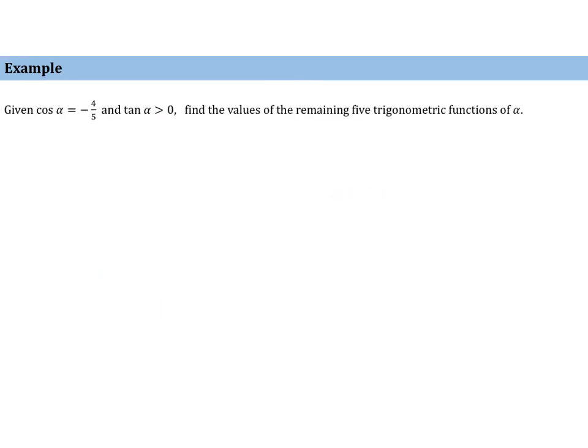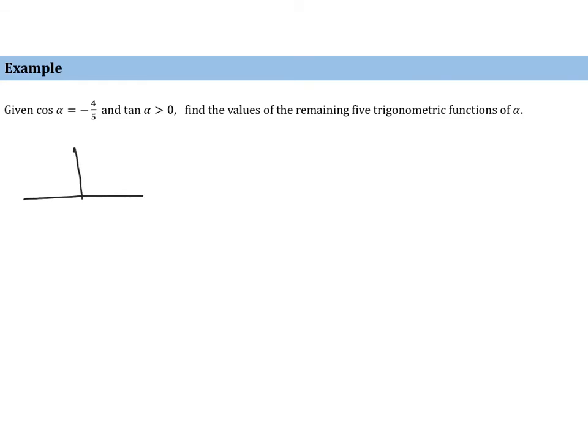In this next example, we have been given cosine of alpha is negative 4/5, all while knowing that tangent of alpha is also positive, and we're supposed to evaluate the rest of the trigonometric functions for alpha. So let's first identify the quadrant in which alpha lies.